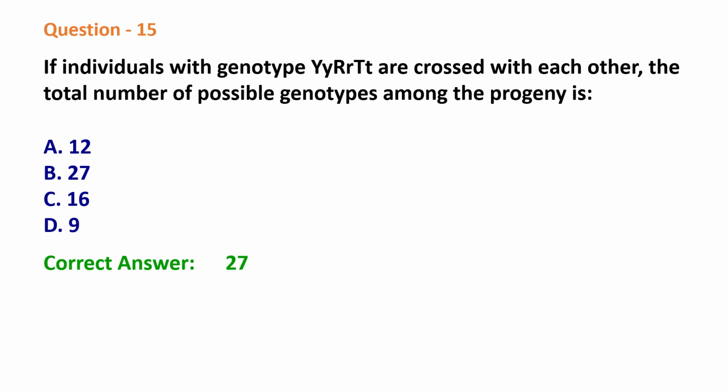Dear listeners and viewers, you can just crack this answer by just using a small formula 3 raised to n, where n represents the number of heterozygous alleles found here. You can see here there are 3 heterozygous alleles, Y, R and T. So you have to use 3 raised to 3 as the formula, that is 3 into 3 into 3, that is 27.